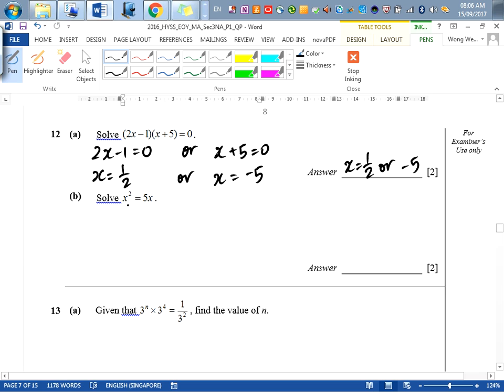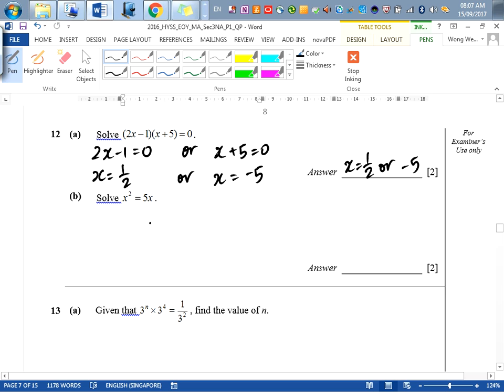Next one, solve x squared equals 5x. How do we do this? Should I divide by x on both sides? Should I square root? How to square root 5x? This is a quadratic equation.